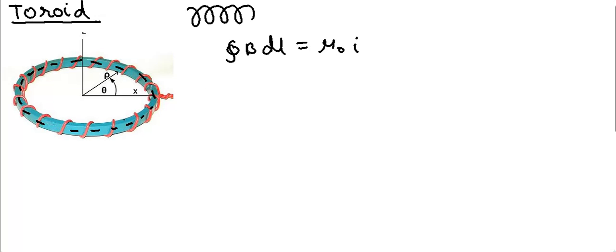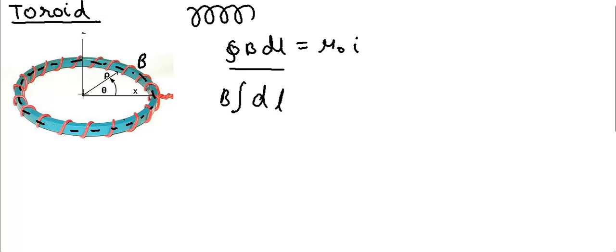Because of symmetry, each and every point inside the center of this toroid is the same and there is no difference. So I can assume that the magnetic field at each point there is the same, and let me call it B. Then the left hand side becomes B times the integral of dl.